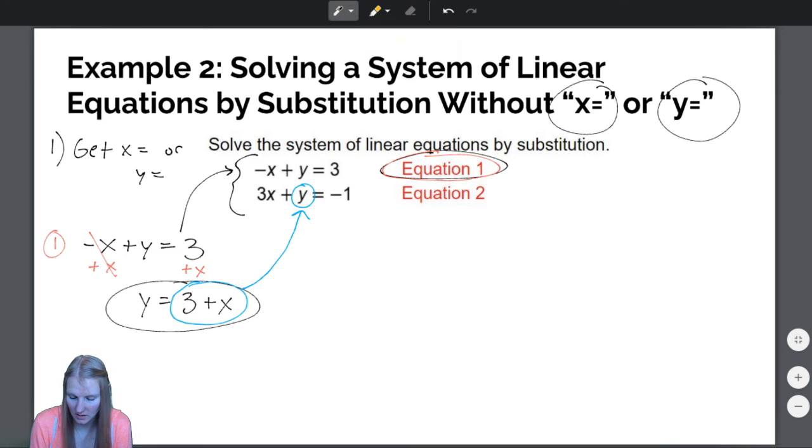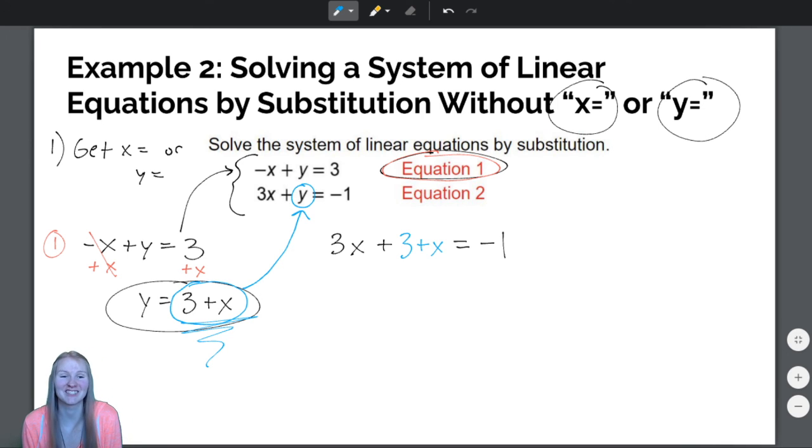We're going to take 3x plus y equals -1. But remember, y is equal to 3 plus x. So instead of writing y, I will write 3 plus x.